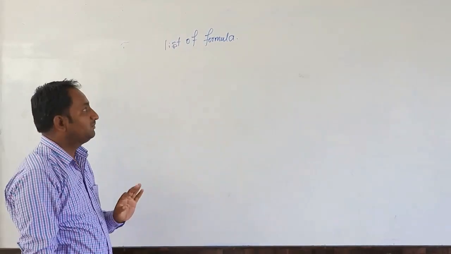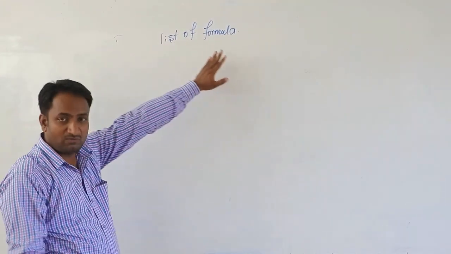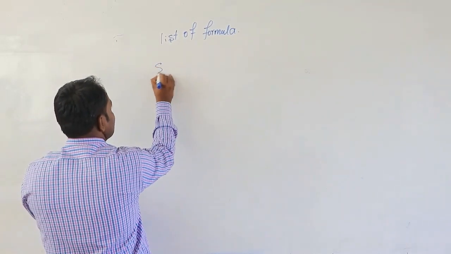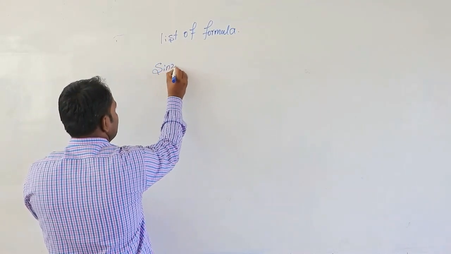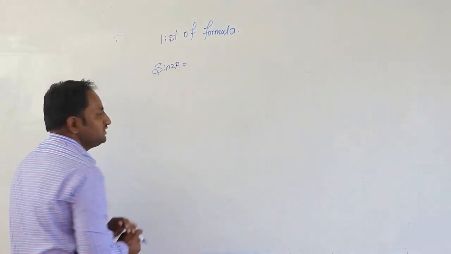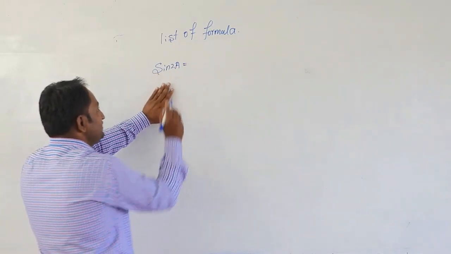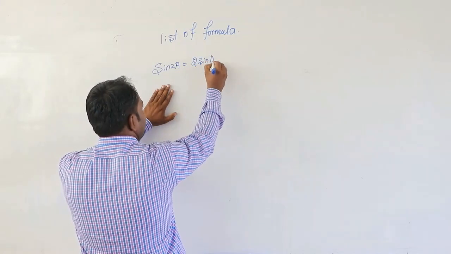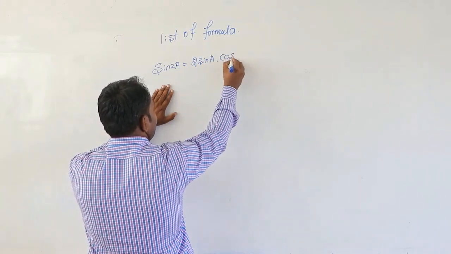List of formulas for multiple angles. You can take first sin of 2a. Sin of 2a is equal to 2 sin a into cos a.